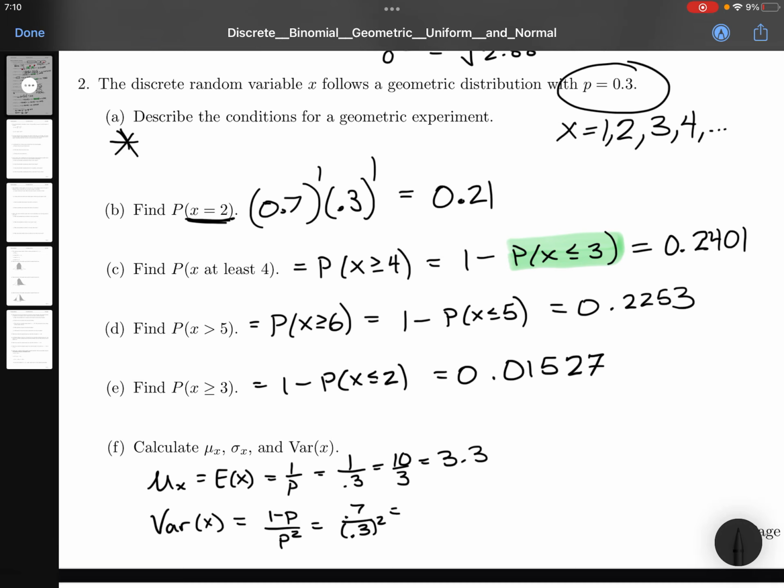We'll do that real quick. 0.7 divided by, we should get about 7.7 repeating, and the standard deviation is the square root of that. Really close to 2.789.